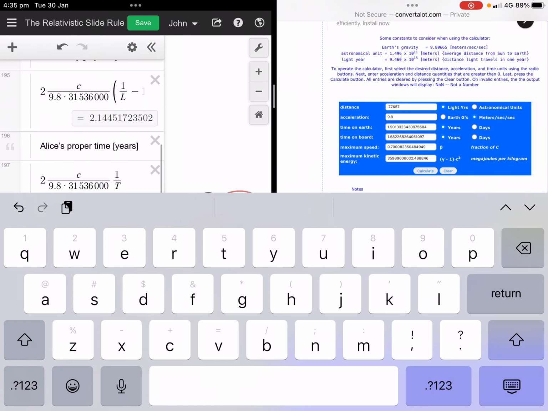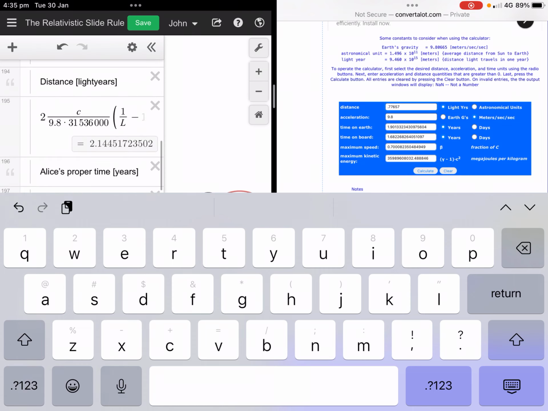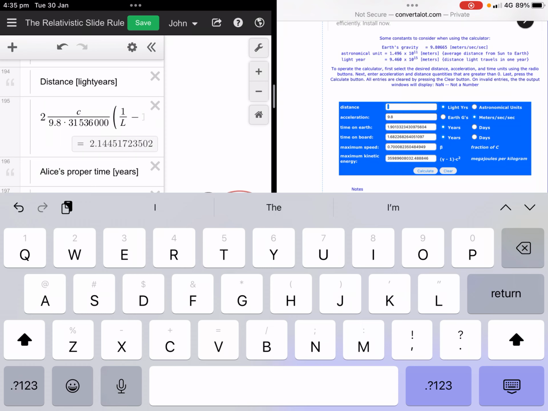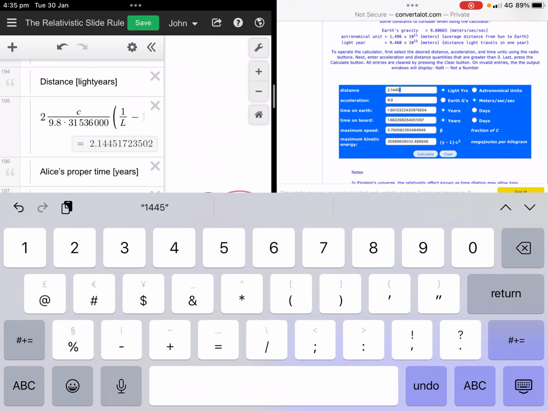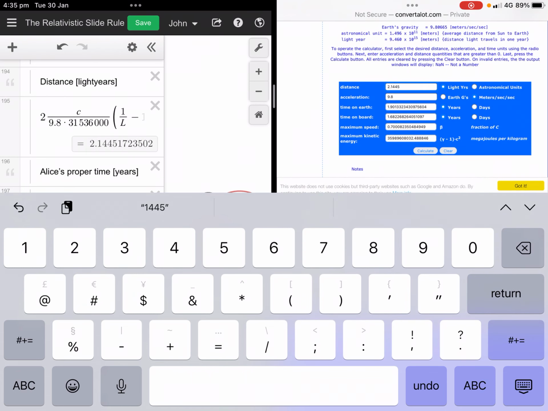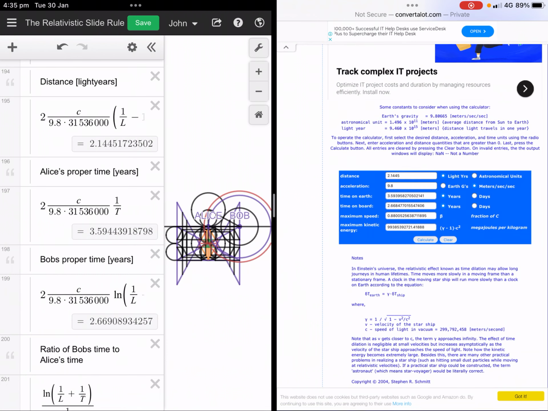So first of all, I better put in the distance theoretically that one is going to get, which is 2.1445 say, and one is going to travel at acceleration of 9.8 for the whole journey.